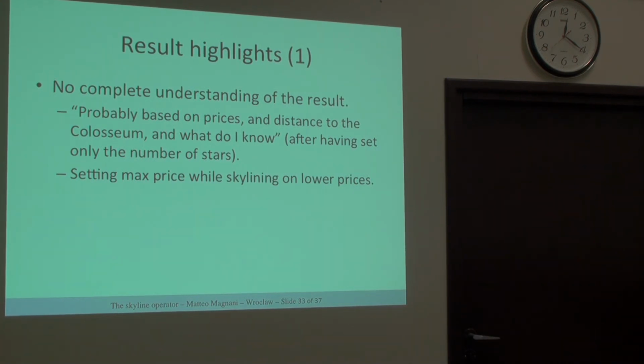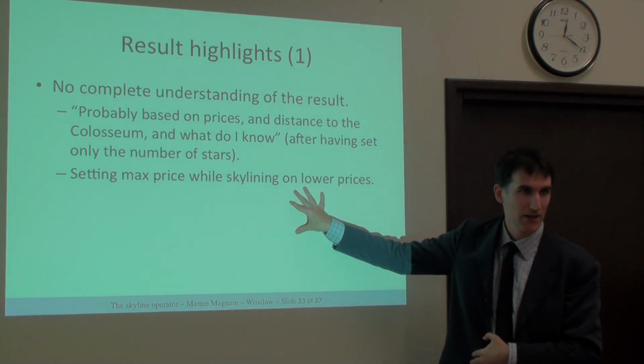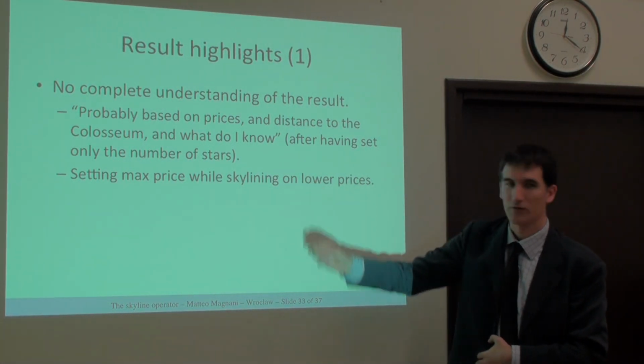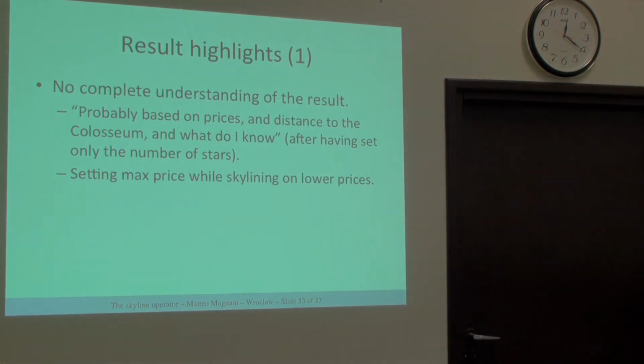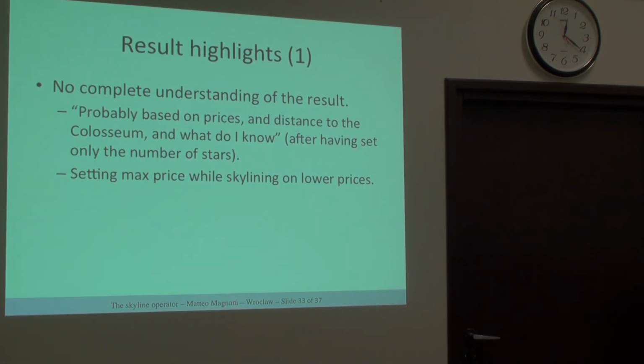Or they do things from which you can see that they are not understanding what they're doing. Like they're using the skyline on the price, saying I want a hotel with the lowest price, and then they set the maximum bound, which of course is useless, because if you want the hotel with the lowest price, you just sort the hotels and you get the one with the lowest price. No need to.